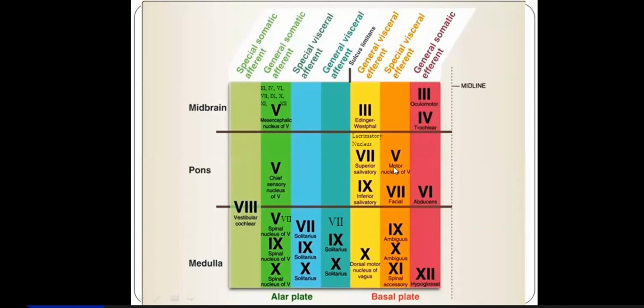Okay, then in the general visceral efferent, you have 2 nuclei here, lacrimatory and superior salivatory nucleus. These are located at the lower portion of the pons actually, and some authors don't write lacrimatory nucleus separately. They suppose that lacrimatory nucleus is a part of superior salivatory nucleus. So they mention it as lacrimosalivatory nucleus, as the superior salivatory nucleus.